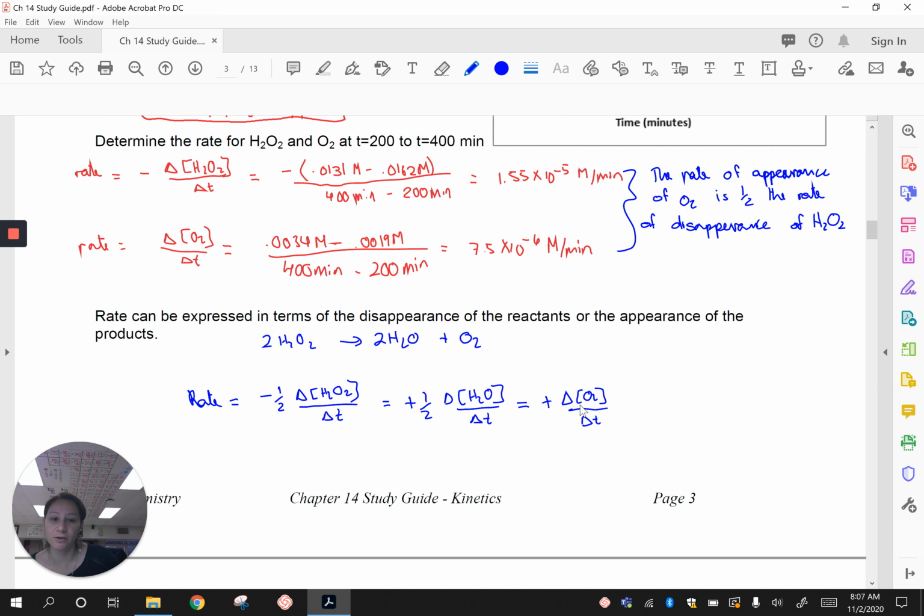So what we're saying here is the change in the O2 is equal to half the change in the H2O, or negative half the change in the H2O2, just from this right here. So you can just look at the equation and be able to tell that, or if you want to express it mathematically, this is how you would express it in an equation, relating all of them to each other.